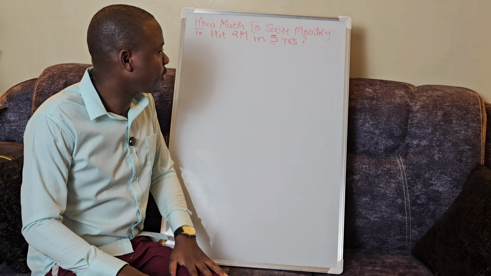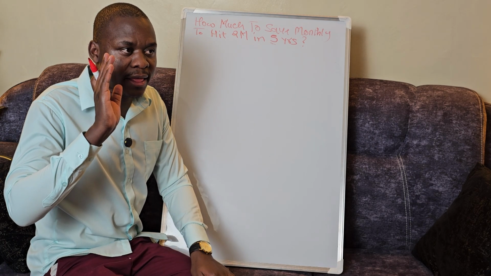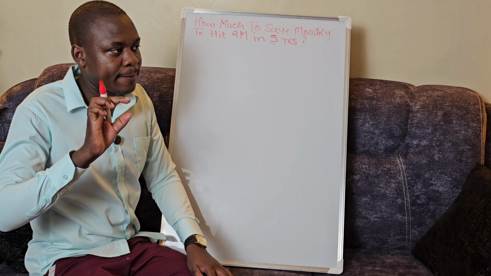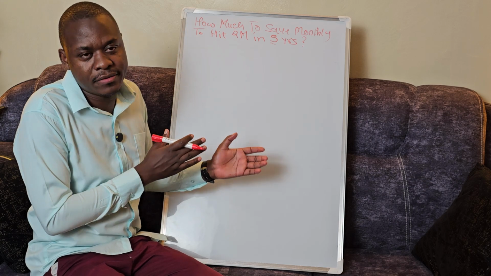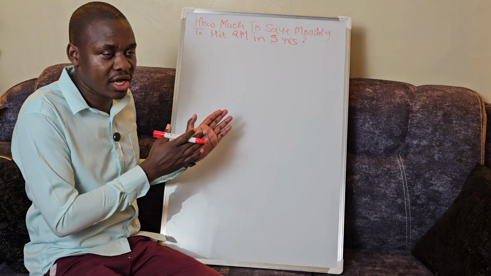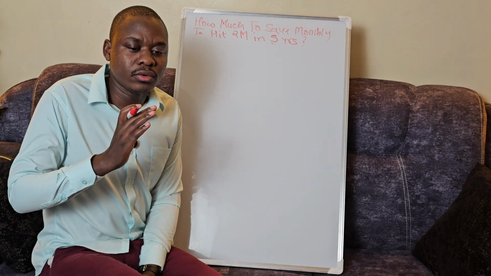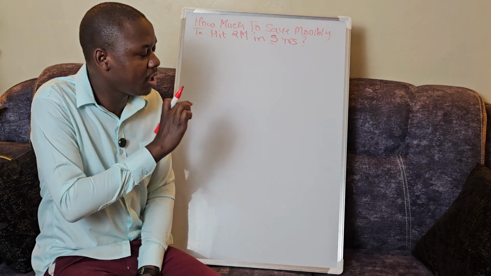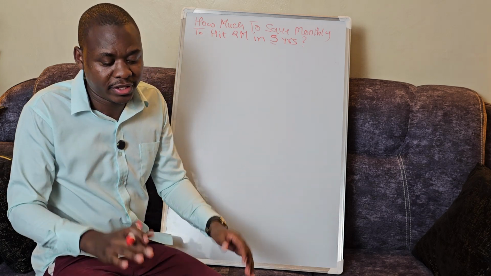Now, I want to help you answer that question. And before I get deep into calculation, of course you'll be using a financial institution to help you arrive at this goal. When you come to a financial institution, you need to understand the information or offers they give you.